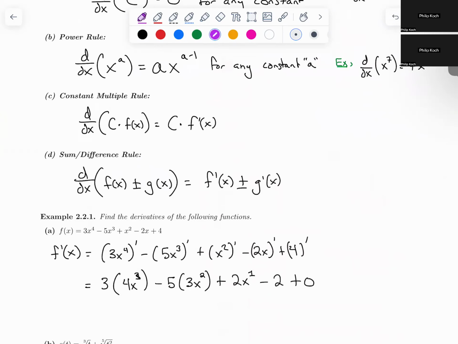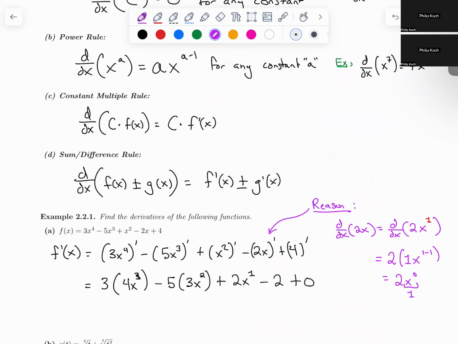The reason for that: d dx of 2x is really d dx of 2x to the first power. So by the power rule, this would be 2 times 1x to the 1 minus 1, 2x to the 0, but anything raised to the 0 is 1. That's the reason why.